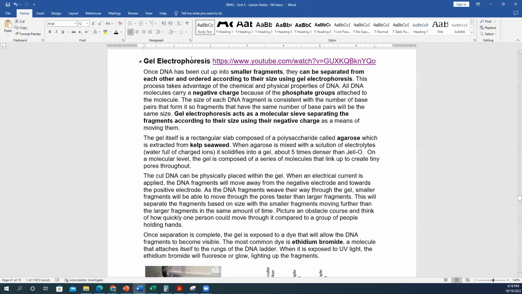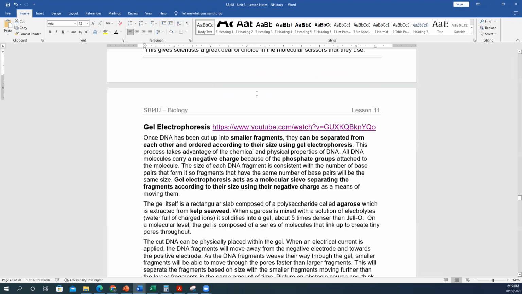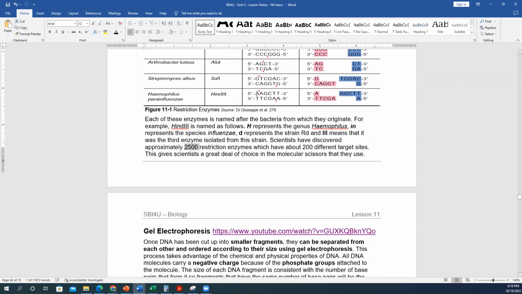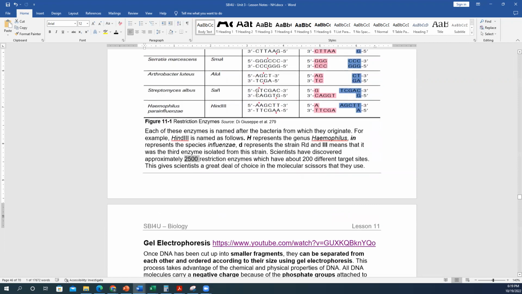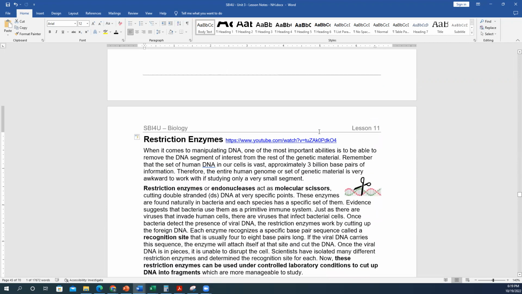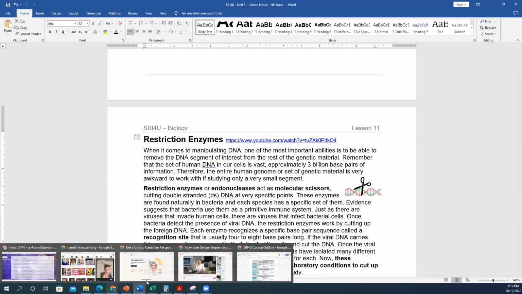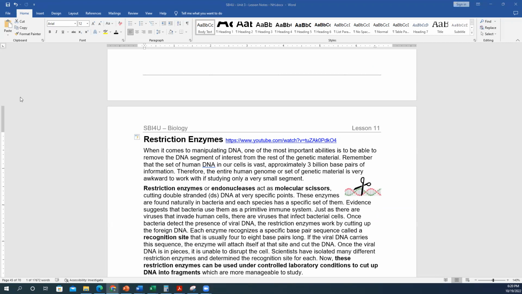Another technique that is very useful in the molecular biology lab is gel electrophoresis. Once this DNA has been cut up into smaller fragments, actually maybe before I get into gel electrophoresis, there's a little video we can watch together very quickly.